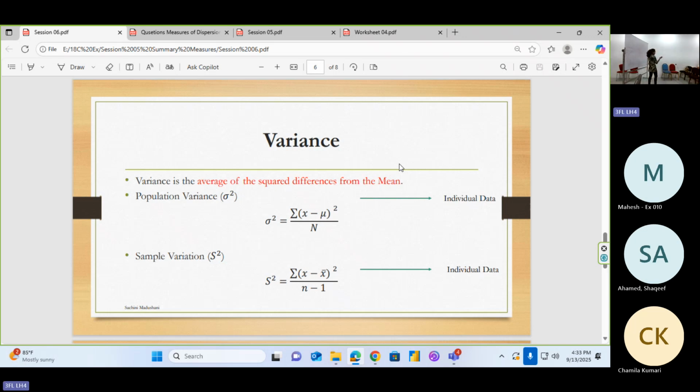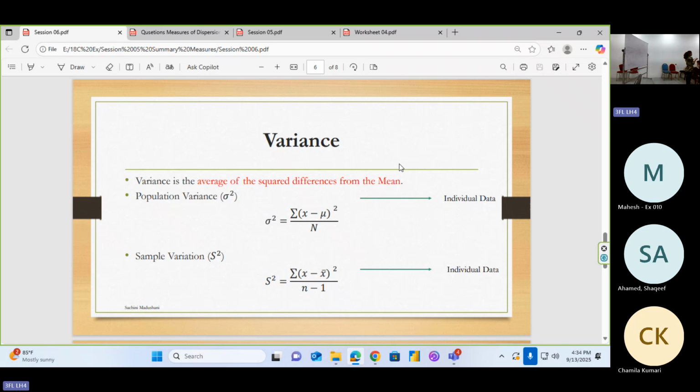Then take the calculator. Using the calculator, you can calculate only the standard deviation. The calculator gives only the standard deviation.